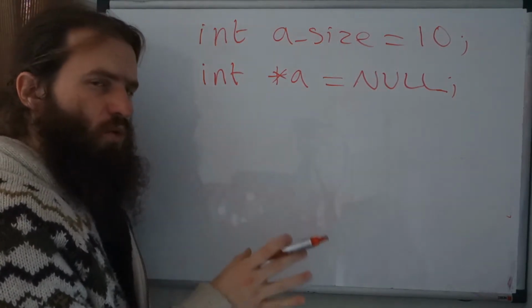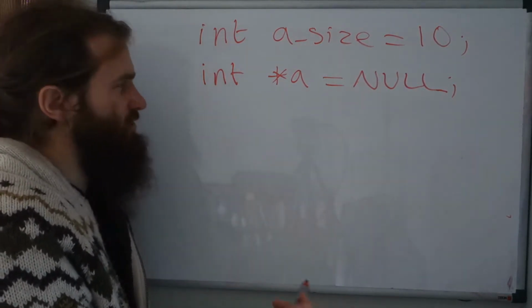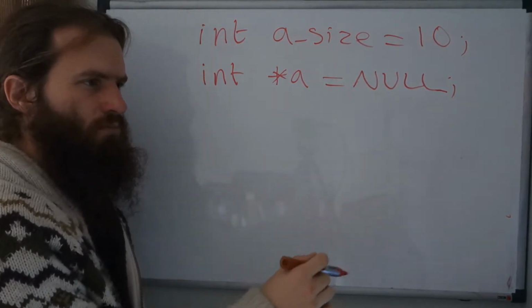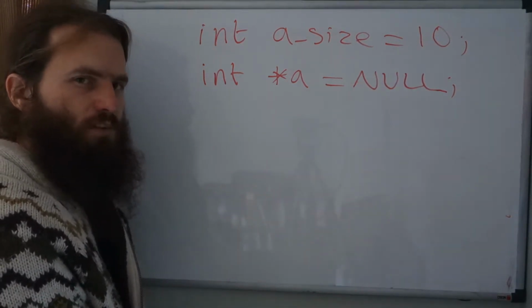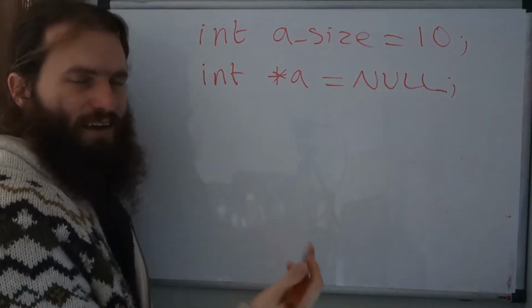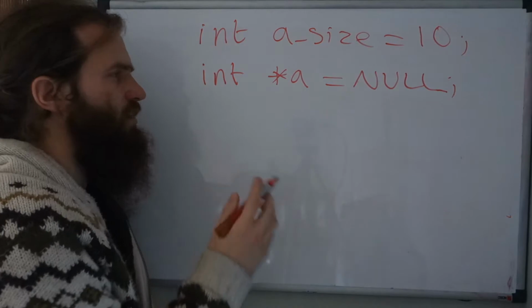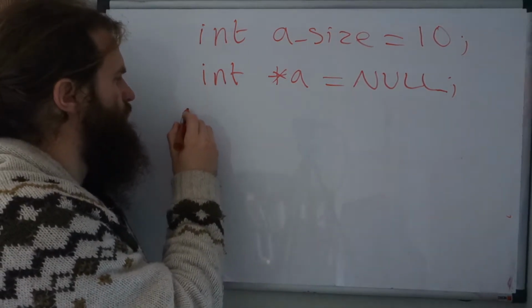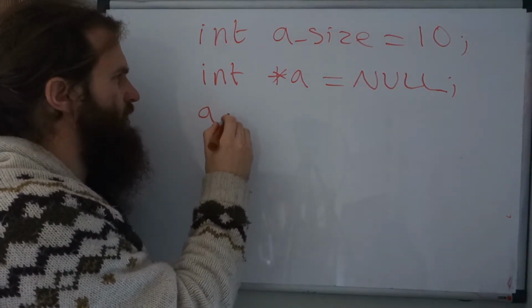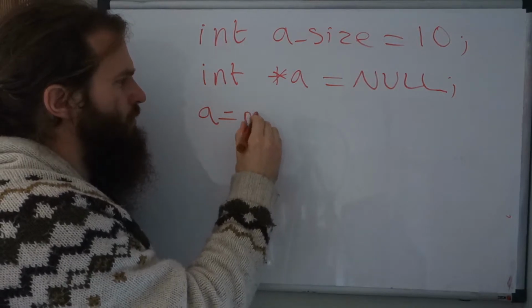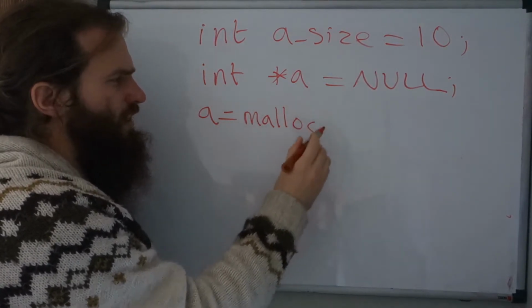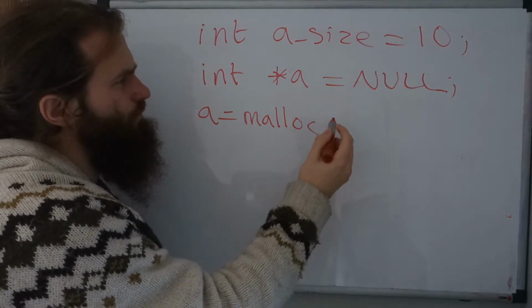At the moment it points nowhere, and we haven't provided any size, it's essentially a pointer to an integer array that doesn't exist. So now we need to allocate memory for that integer array. The way we do that is as follows. We would say A equals malloc, the function we call, memory allocate.